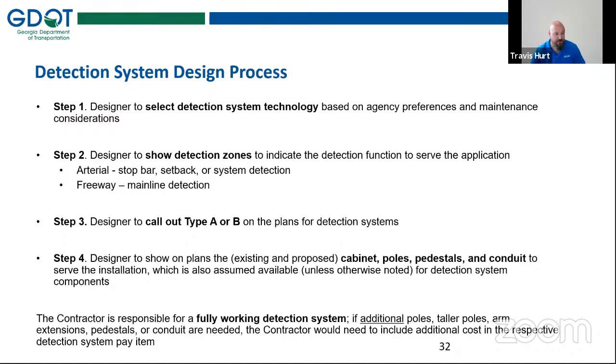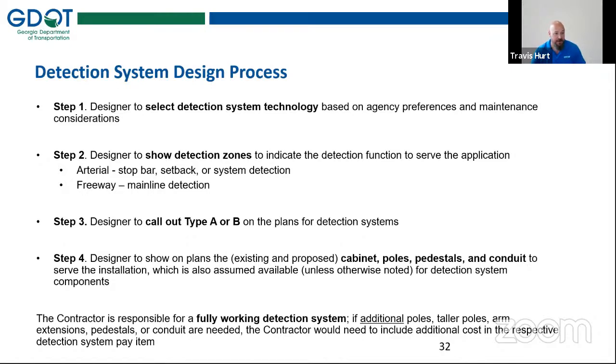And so just quickly running through a detection system design process. Most of these steps are similar to what we should have been doing already up to this point. You select the appropriate detection system technology, talking with the local agency maintaining or operating the system.